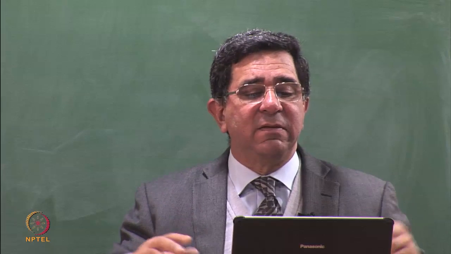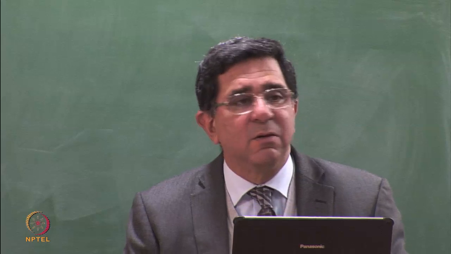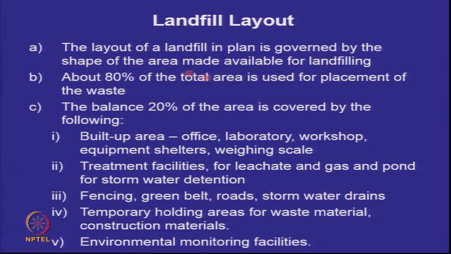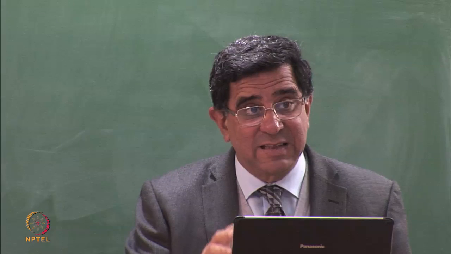So the first thing is, what does a landfill look like in plan? Fundamentally, a landfill comprises 80% of the area which is going to be used for placing the waste, and 20% of the area which is going to be used for other facilities. Now this is only when you are placing the waste in that area.